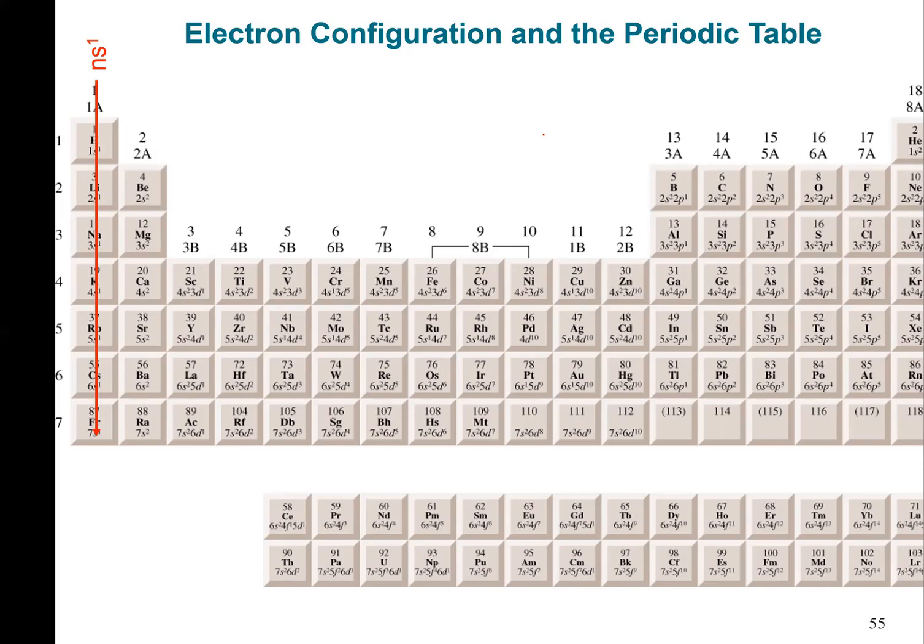And you might ask, why do we care about outer shell electrons, which we call the valence shell? Well, we care because those are the most reactive electrons, because they have maximum energy. Why? They are furthest away from the pool of protons.